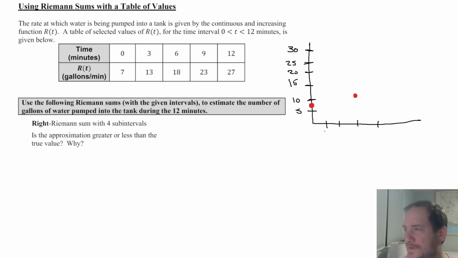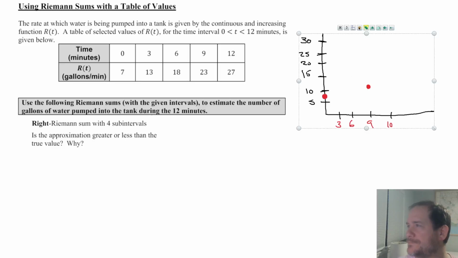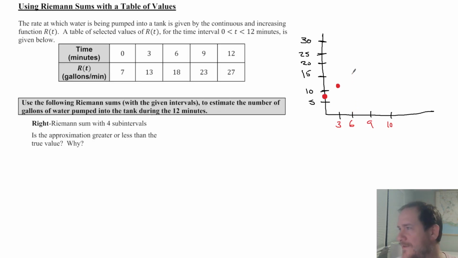I obviously meant to say that's 3 and 6 and 9 and 12, which means I should have plotted this point further over. So this is supposed to be 3 giving 13. That's right about there. Then 6 is giving 18. So that's up here between the 15 and the 20. 9 is giving 23. So 9 goes all the way up to about here.